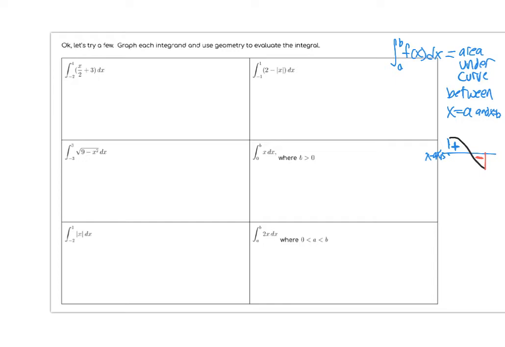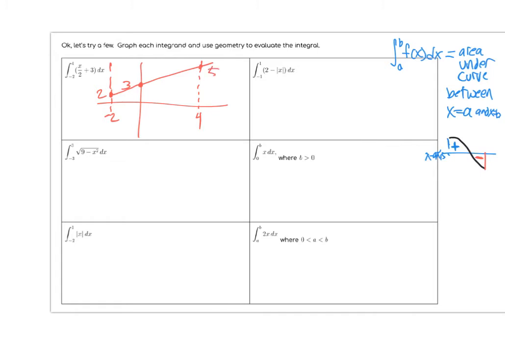For these ones, we're going to use geometry to solve these problems. So looking at this one, we've got x over 2 plus 3. That starts at a height of 3 and has a slope of 1/2. We're going from -2 to 4. And in looking at this, at -2, this is going to end up having a height of 2, and at 4, this is going to have a height of 5.